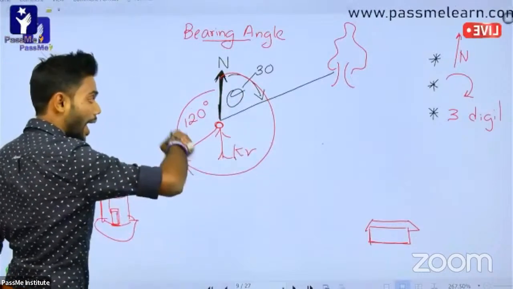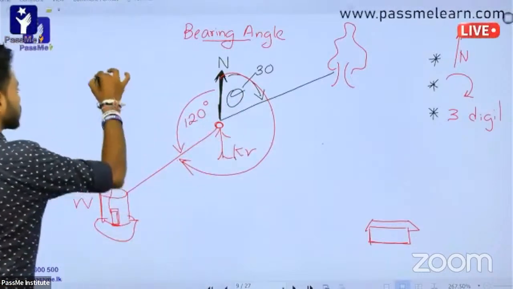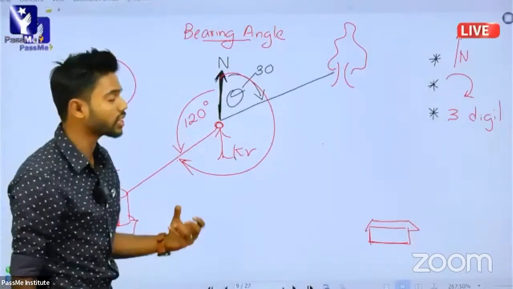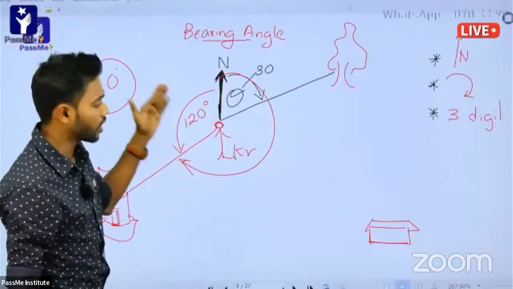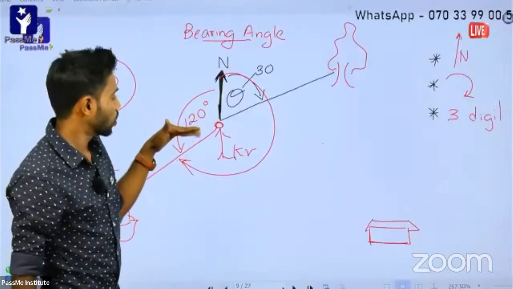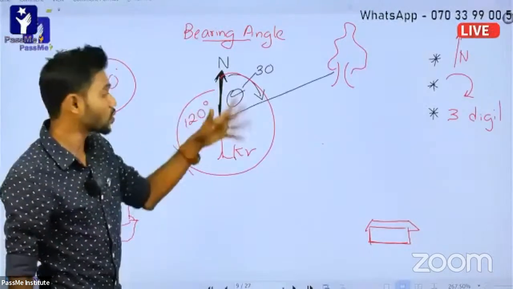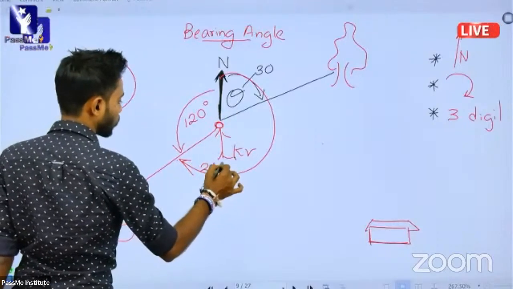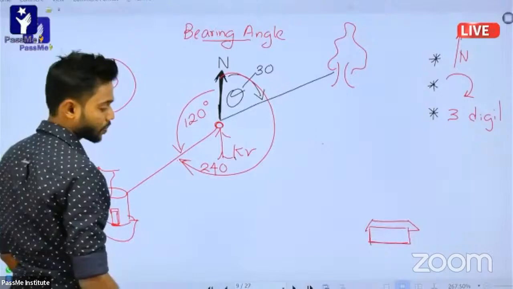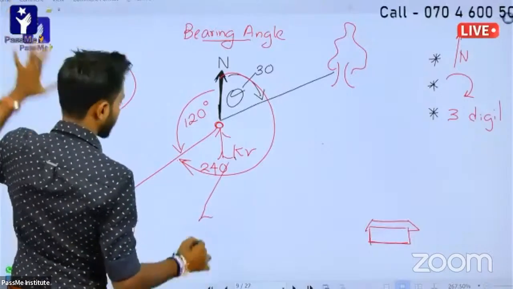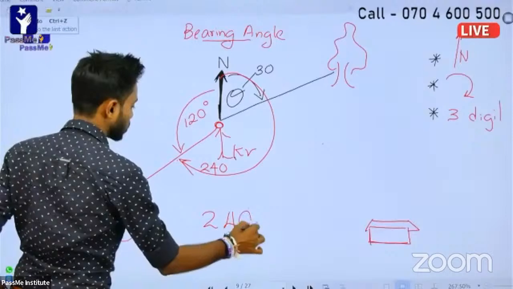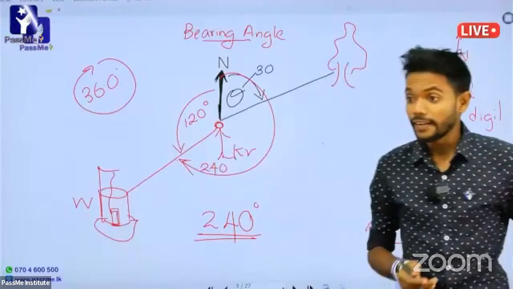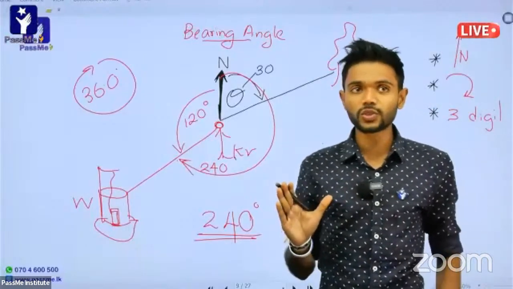You know that the angle of a full turn is 360 degrees. Therefore, from 360 degrees you can deduct 120, so the total angle is 240. So 240 is the bearing angle as well, because it consists of 3 digits. I hope this is clear. Is that clear for you before we go into this question?